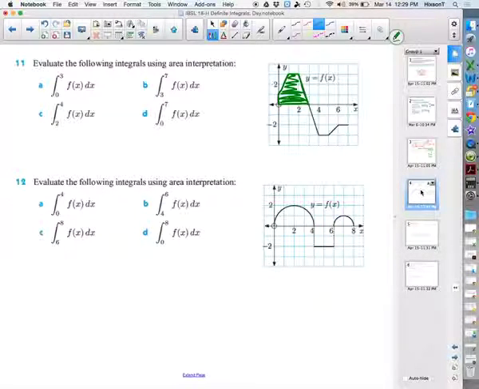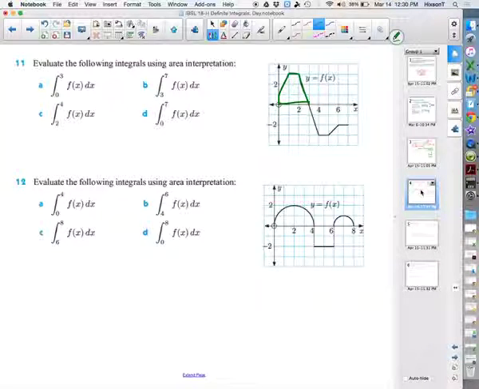Well, that's like a trapezoid with another trapezoid on top of it, right? So you can find the area using geometry, but there again, we're trying to get into the idea that area between the x-axis and the function is the integral.